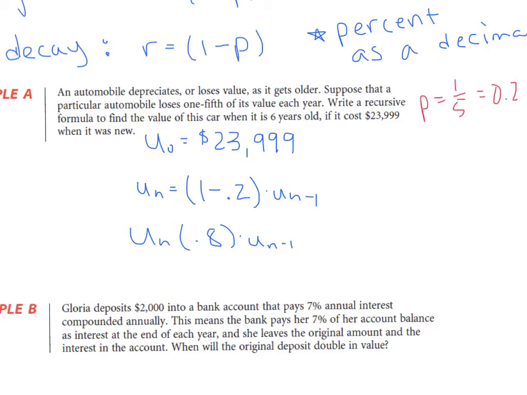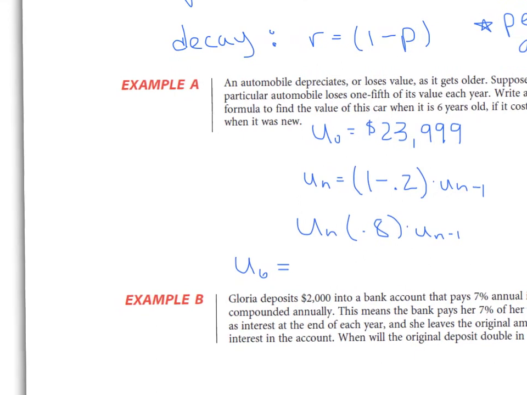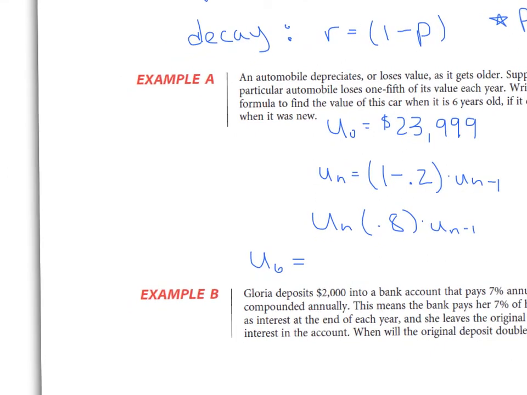And then we can use that information to find our sixth term. You can either start with 23,999 and multiply it by 0.8 until you get to the sixth term, or you can type in this information in your calculator using your calculator shortcut, which, just to remind you, for this particular problem would be 0, 23,999.